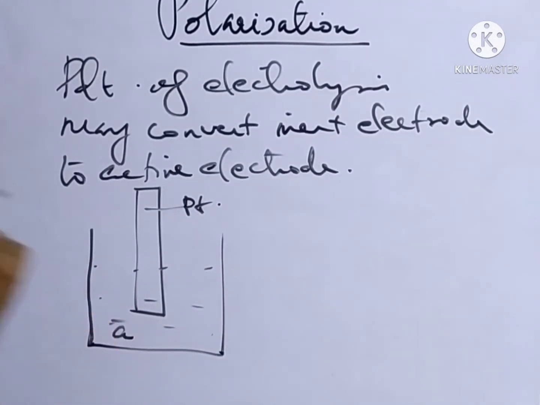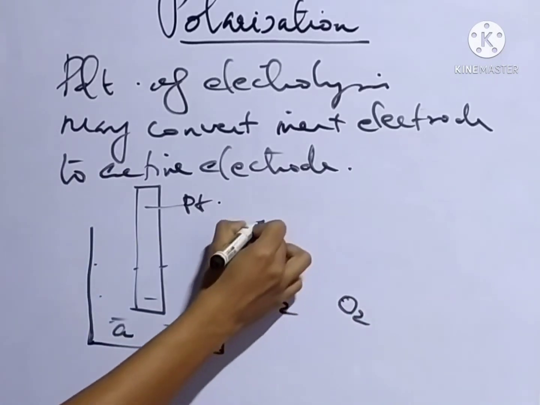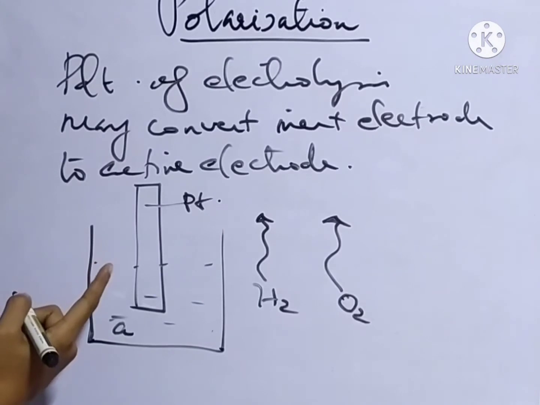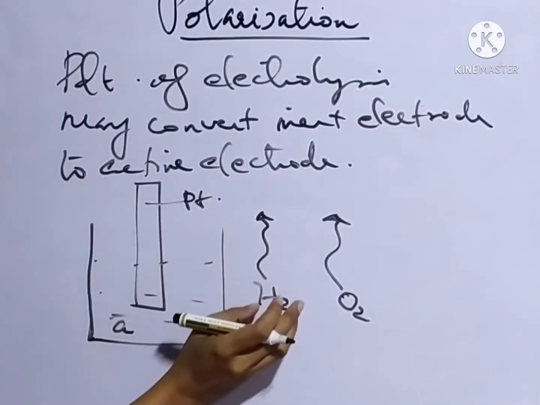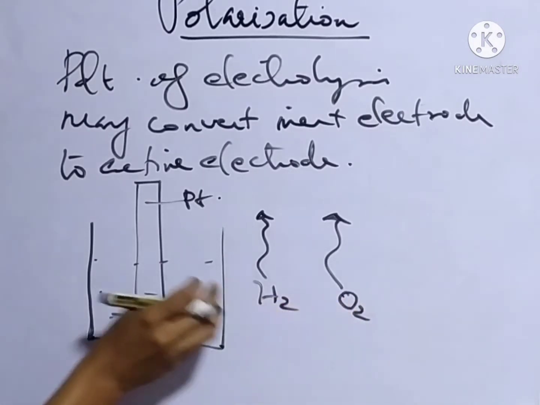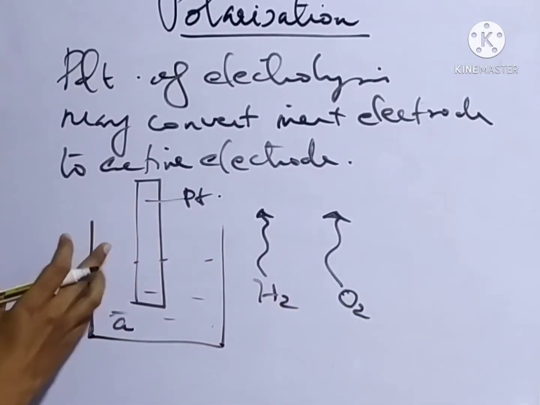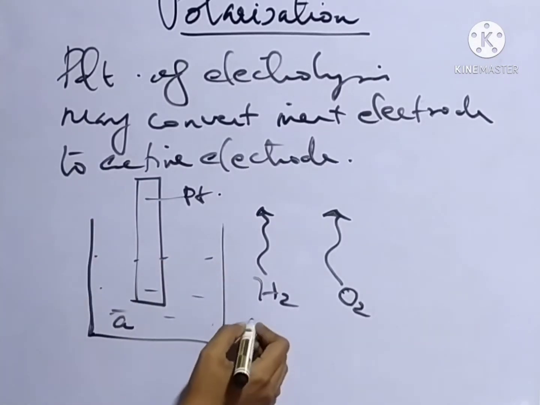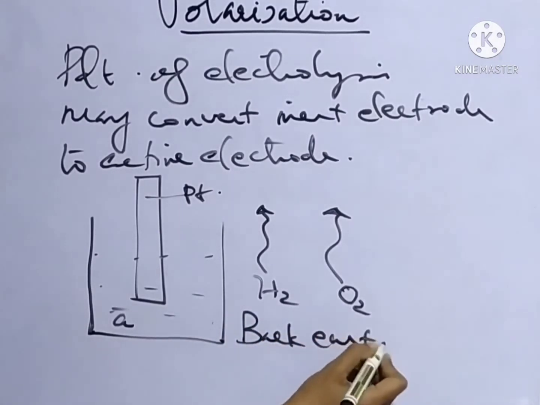During electrolysis, H2 and O2 gases are evolved from this cell, and there is a possibility to develop a back EMF. That is, this evolvement of hydrogen and oxygen gas creates a hydrogen electrode and an oxygen electrode respectively in this half cell, and that may lead to the production of a back EMF.